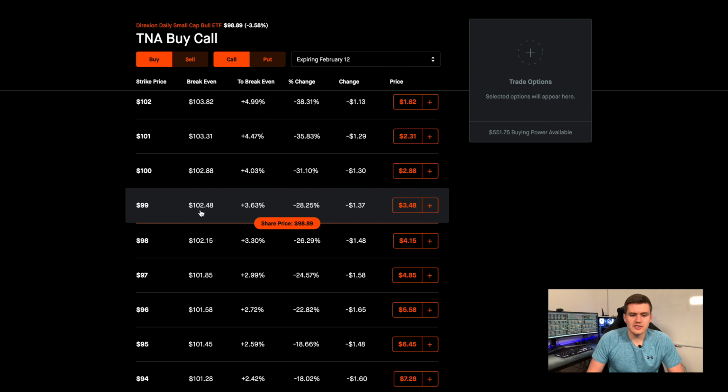On the day of expiration, so Friday at 4 p.m., Robinhood would go ahead and exercise my option for me and make sure that I get that profit. It's a cent per share, so it's $1 overall, but it's at least something, and they are going to protect me as their client to make sure that my option is executed in the money and I can retain as much value as I possibly can for owning that option.